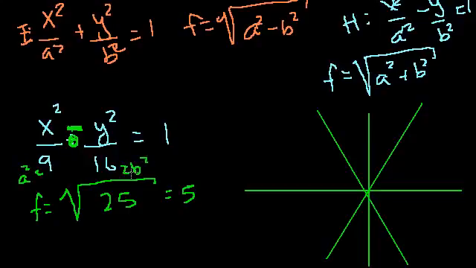B squared is equal to 16. So this is the center. The two vertex points are at 3 and minus 3. And then the focal points are going to be 5 to the right of the center, so it's going to be right here. That's 5, 0, and minus 5, 0. This is minus 3, and this is 3.